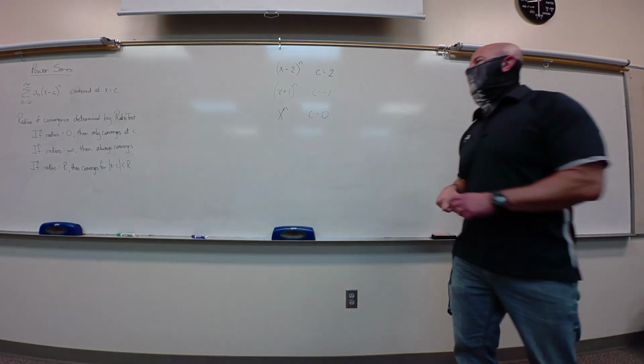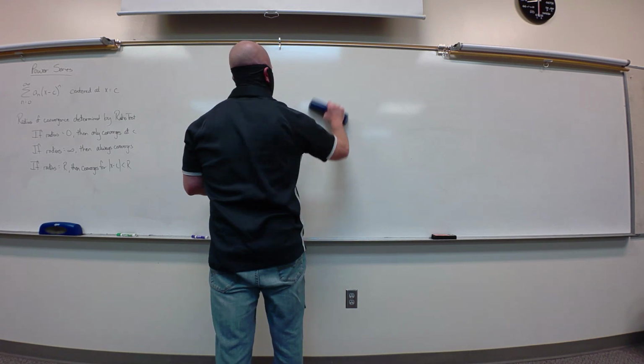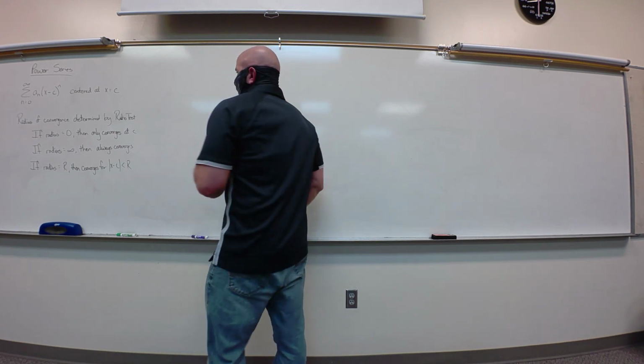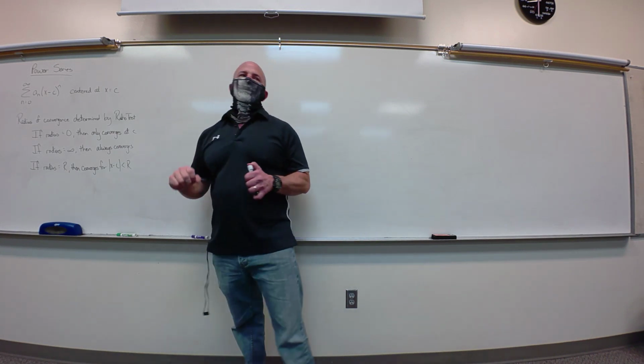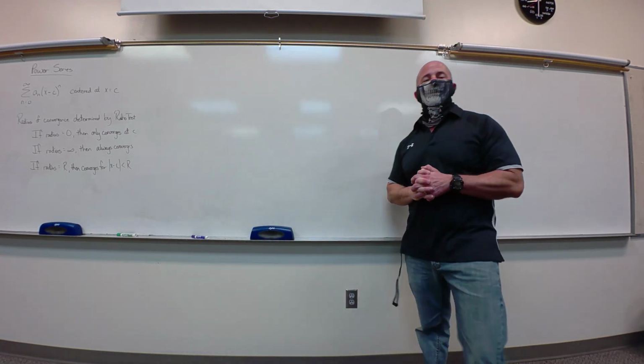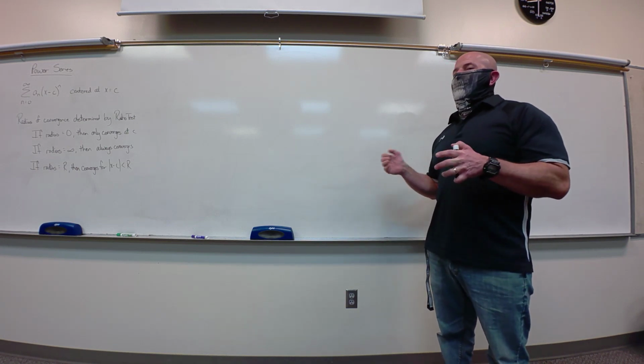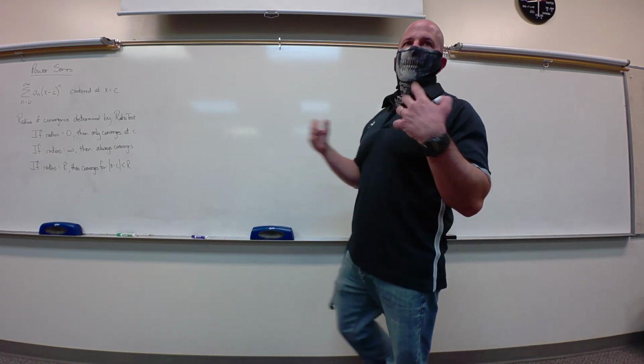What we're going to have to figure out is the radius of convergence. It is going to converge at my center, whatever that is, if it converges. If the radius is 0, then you didn't go anywhere from the center.